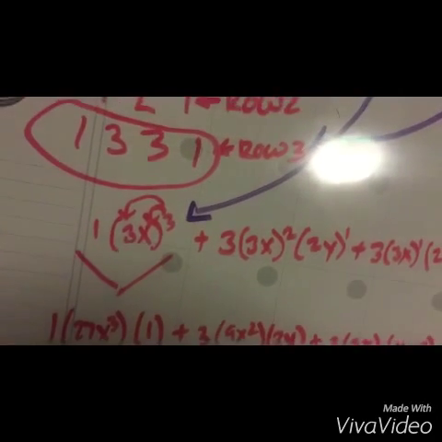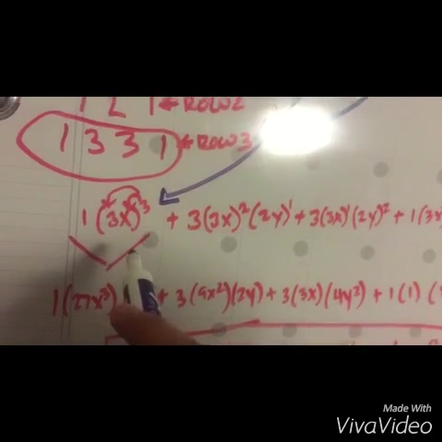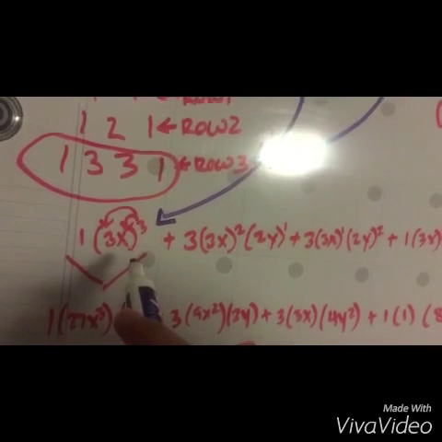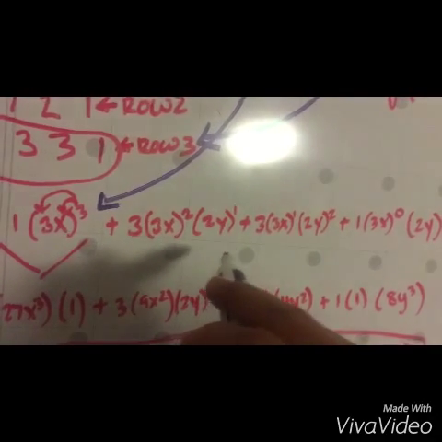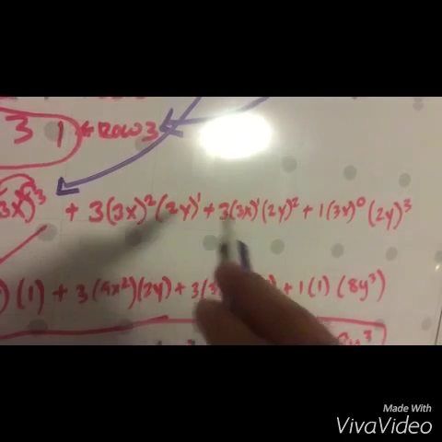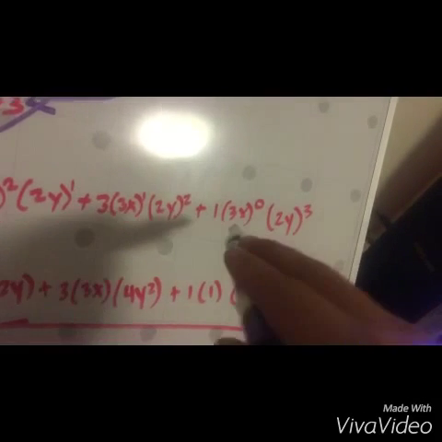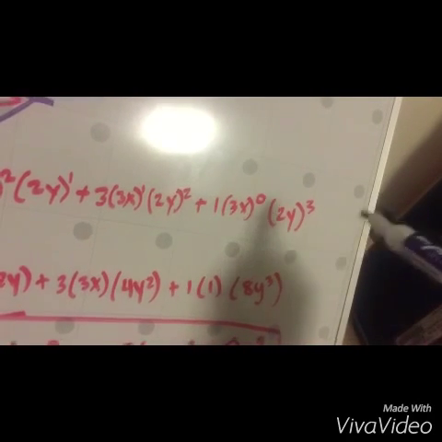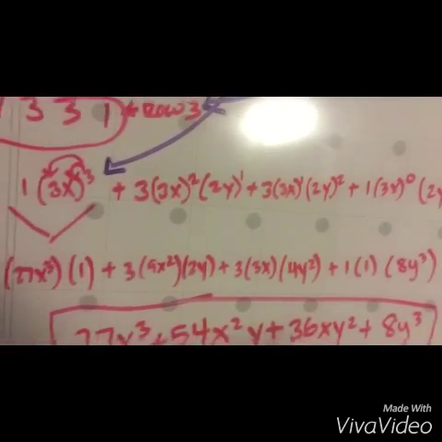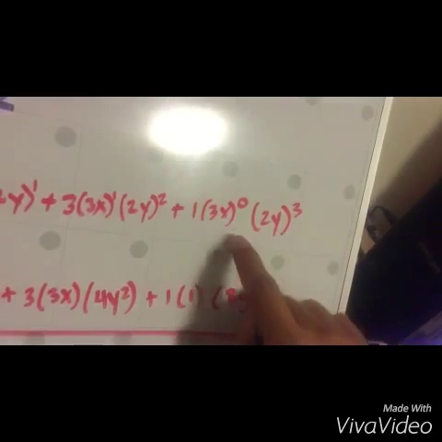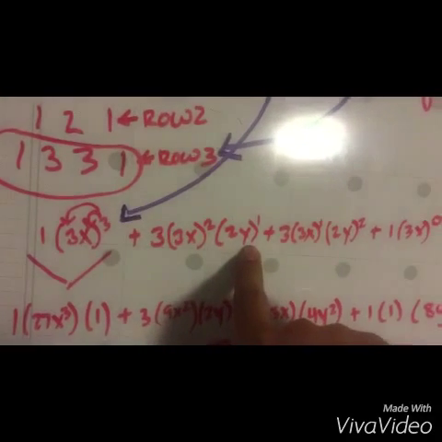So 1 times 3 equals 3, and then 3x squared plus 3x squared times 2y to the first power, plus 3 times 3x to the first times 2y squared, plus 1 times 3x to the 0 times 2y to the third. So we do 3, 0, 2, 1, and then we do the same 3, 2, 1.